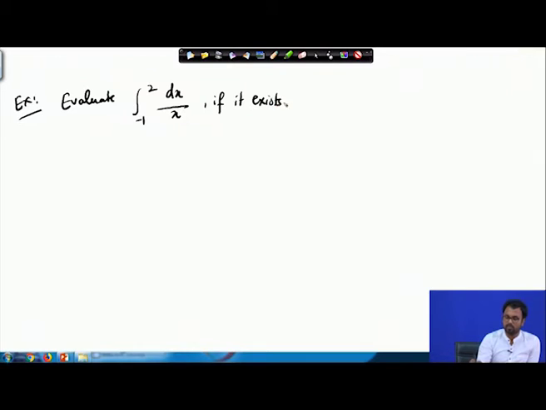Next, similarly, another example could be: evaluate the integral from minus 1 to 2 dx by x, if it exists. So I will just give some hints for this example.